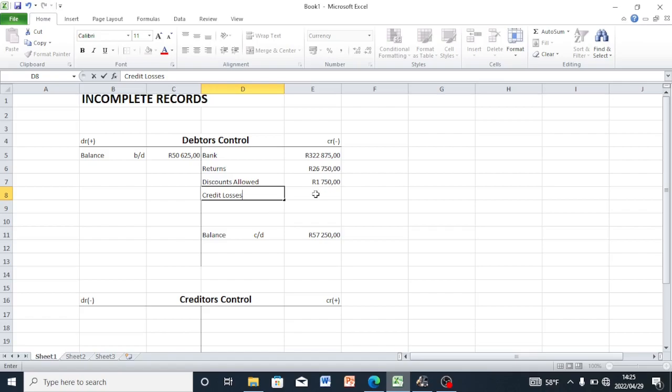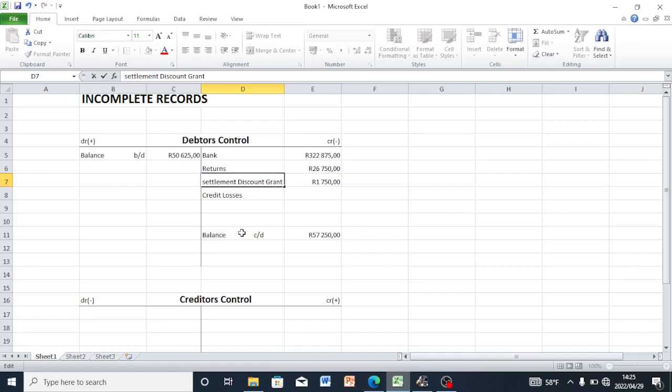As well as discount allowed, which is now settlement discount granted.